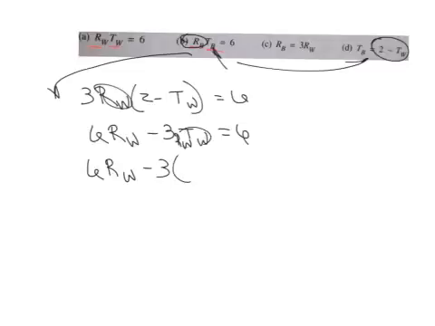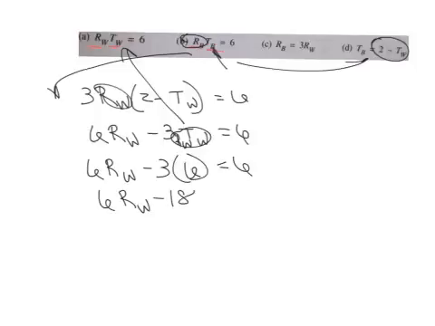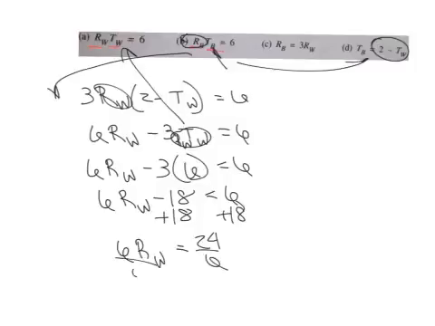So instead of this here, I'm going to look here and put a 6 there. Add 18. 6RW equals 24, divide by 6, and my RW equals 4.